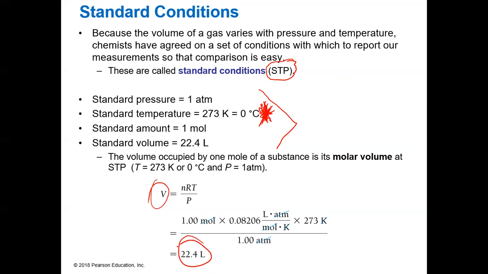So we call this standard molar volume or simply standard volume. So we're gonna work problems with these standard conditions just as soon as I get through going over all of your formulas.